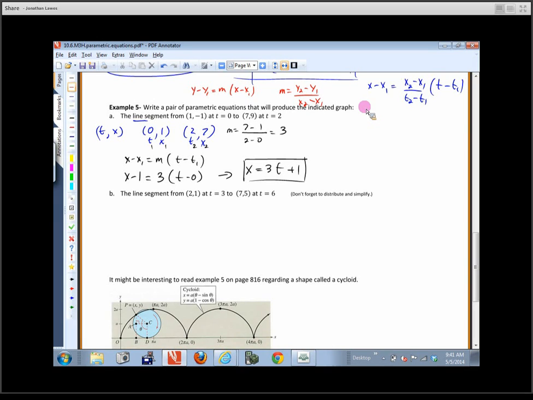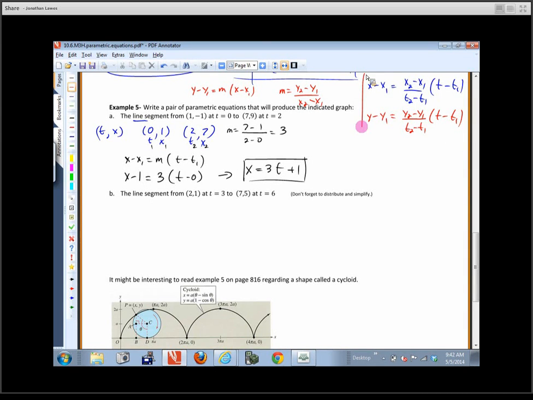If I do the same thing to figure out the y's, it's going to be y minus y1. Can somebody tell me what I'm going to write right here? In terms of these guys, x's, y's, t's, it's going to be y's. Y's go on the top. It's going to be y2 minus y1 over t2 minus t1, and then I'm going to have t minus t1.